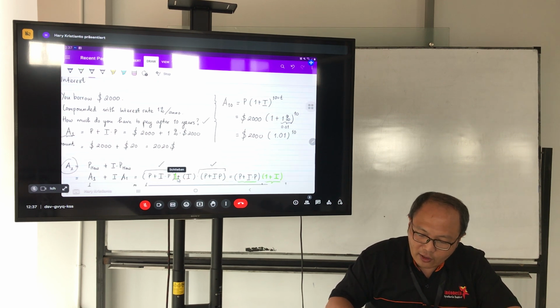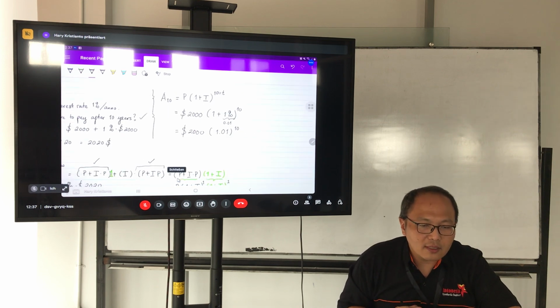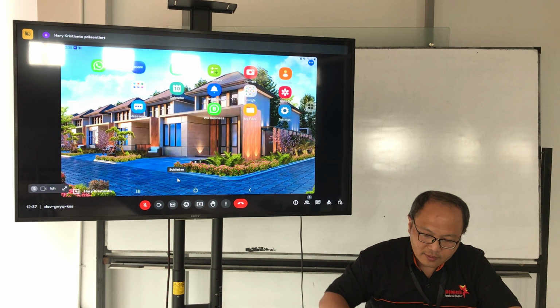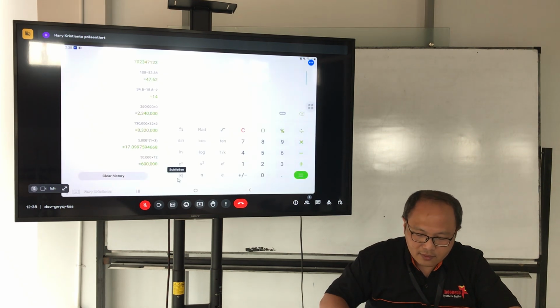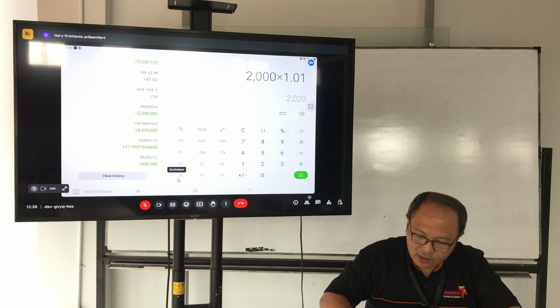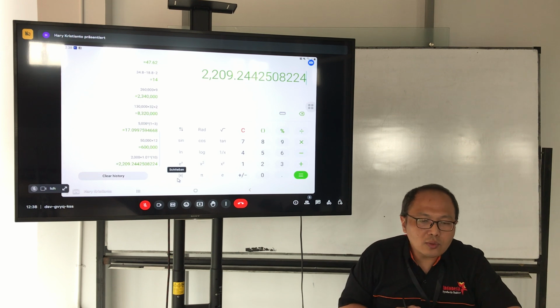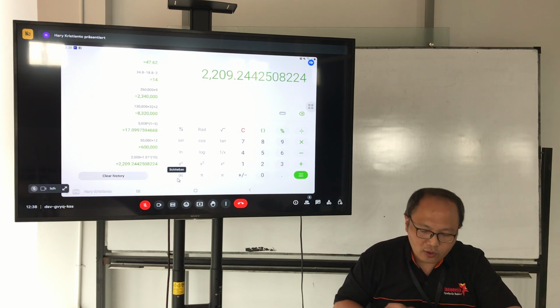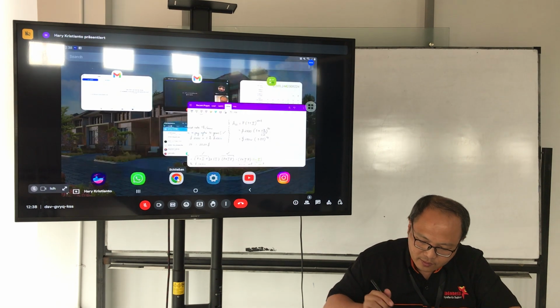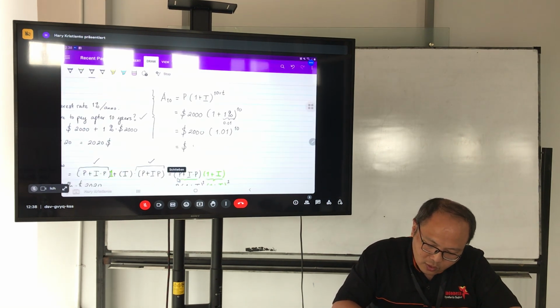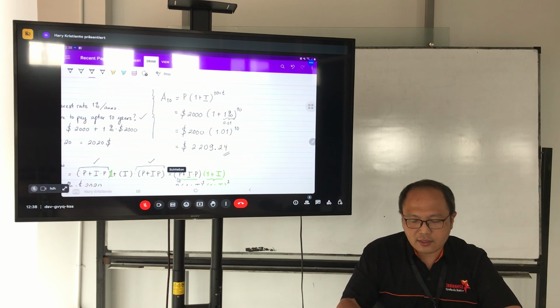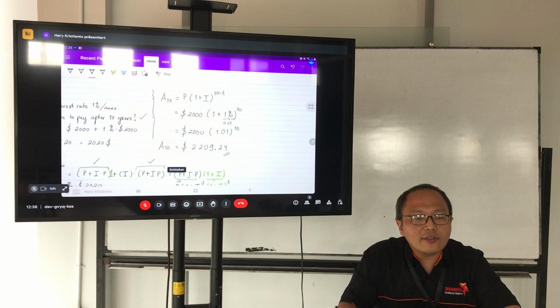And then I'm going to take a calculator. 2,000 times 1.01 raised to power 10. 2209.24. 2209.24, and that's exactly after 10 years.